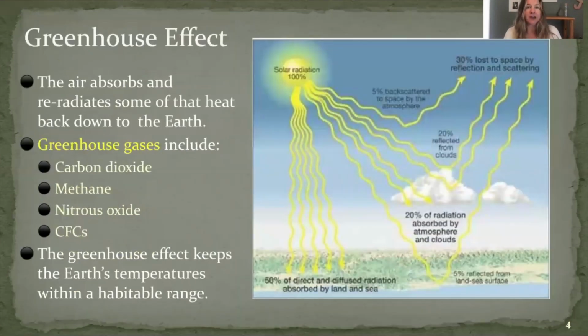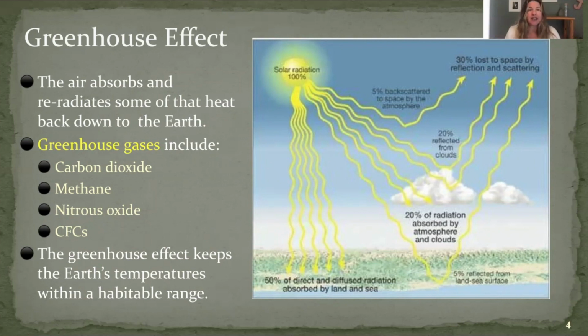What's the greenhouse effect? The greenhouse effect in and of itself is not bad. It's because of the greenhouse effect that we actually have life here on Earth. The air absorbs and then re-radiates some of that heat back down to the Earth. I kept this super simple because I just want to give you a little backstory and background. There's obviously a lot more in depth I can go into about the greenhouse effect, but I at least wanted to bring your mind back around it to know what it is.